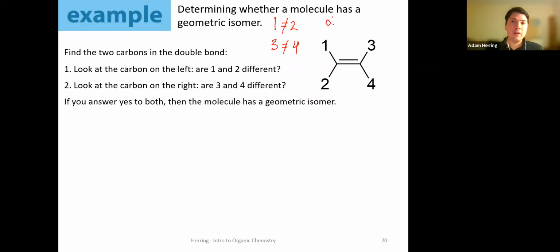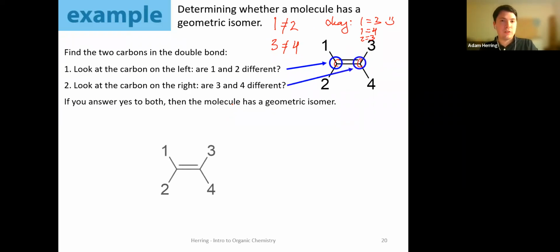But it's okay to get 1 and 3 equal, or 1 and 4, or even 2 and 3. It's just that the elements attached to the same carbon must be different from each other. Okay? So here, 1 and 2 are different, 3 and 4 are different.